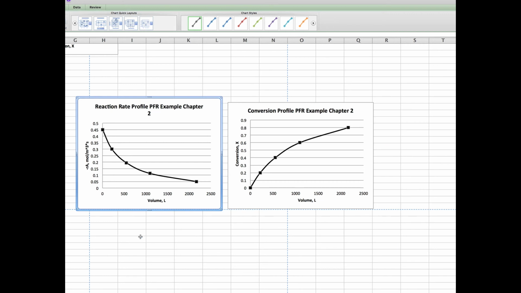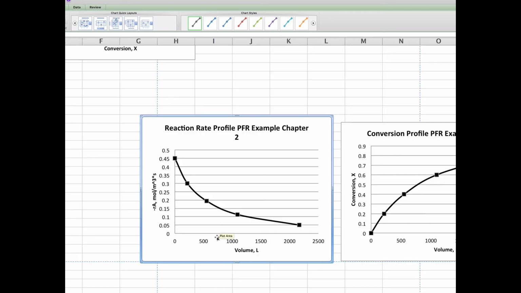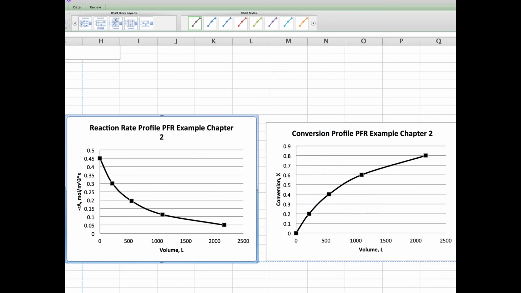Okay, so if you look closer at the following graphs, you can see the characteristic plot for an isothermal PFR. Here you see, as predicted, that as we move through the length of the volume, the profile for the reaction rate starts decreasing.